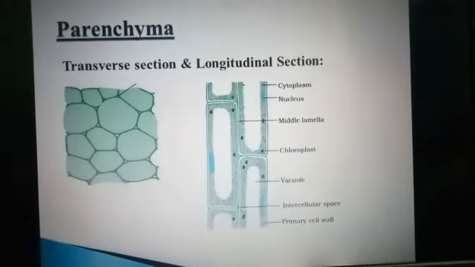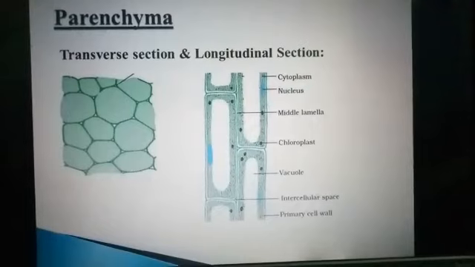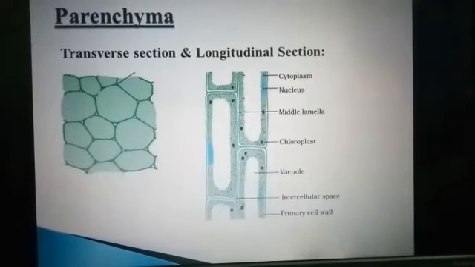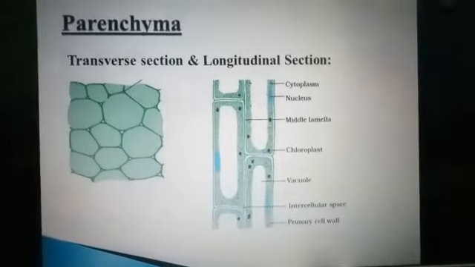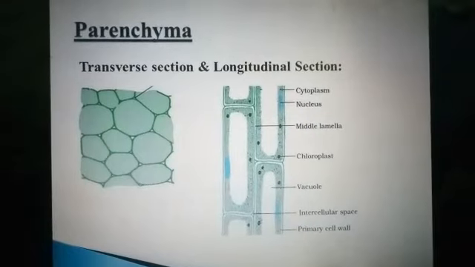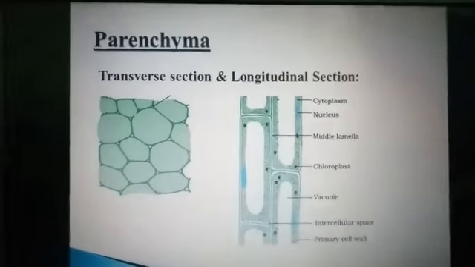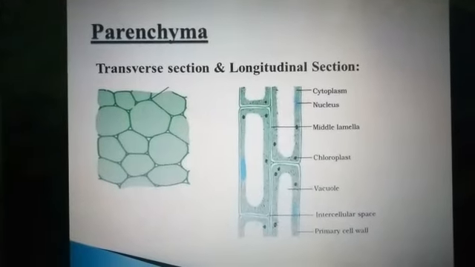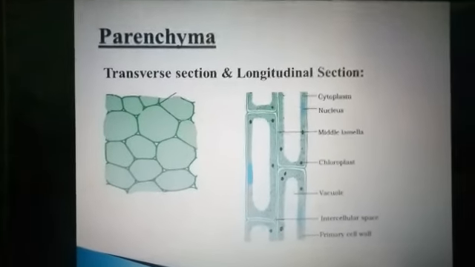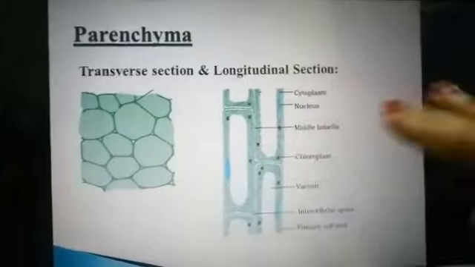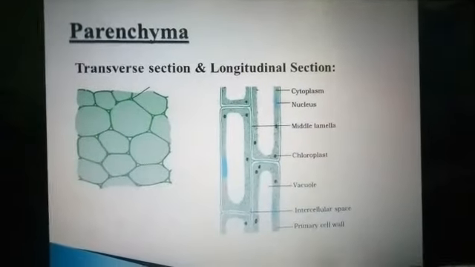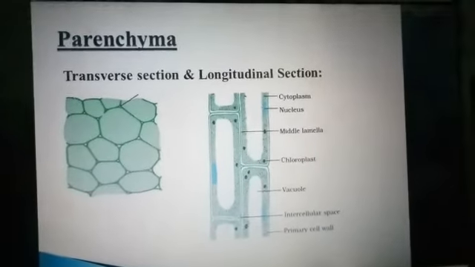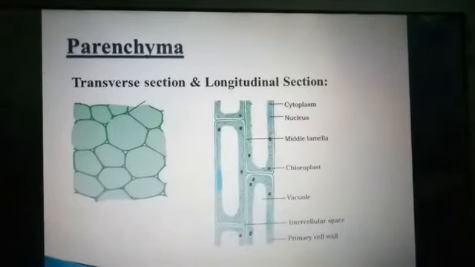Next we have this diagram, again a beautiful diagram, and the same first diagram is repeating a third time, right? So transverse section and longitudinal section. Transverse section means when we are cutting any stem, these are the sections of a stem. When you cut the stem horizontally, like this, it is transverse, and longitudinal means you are cutting vertically.